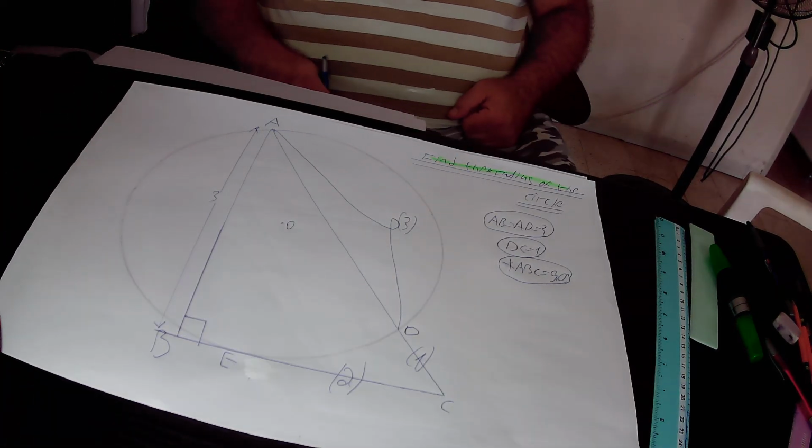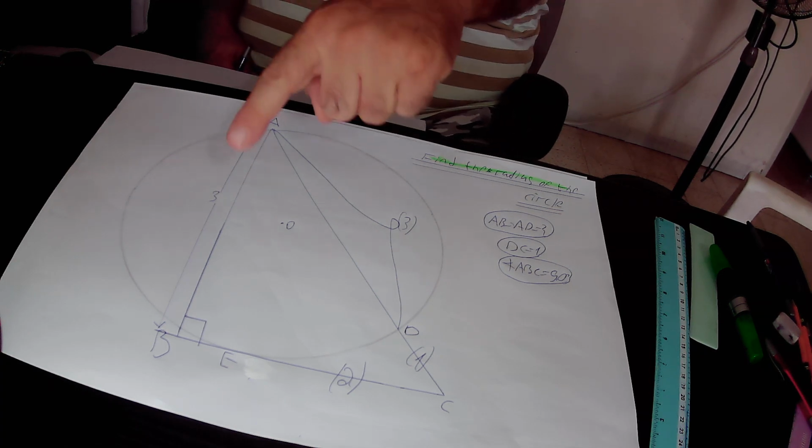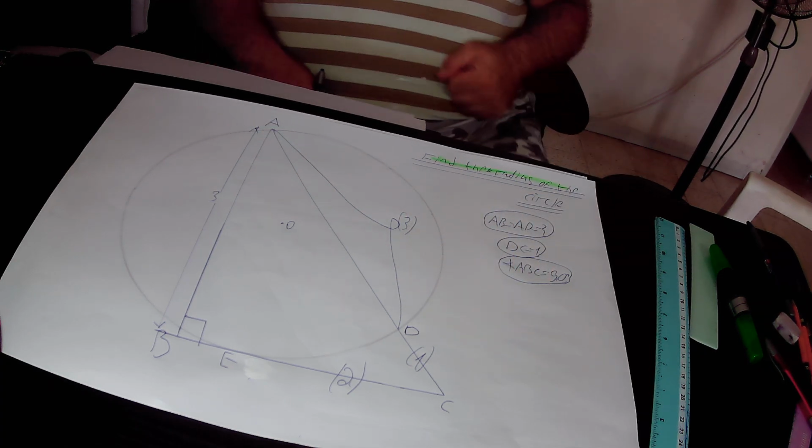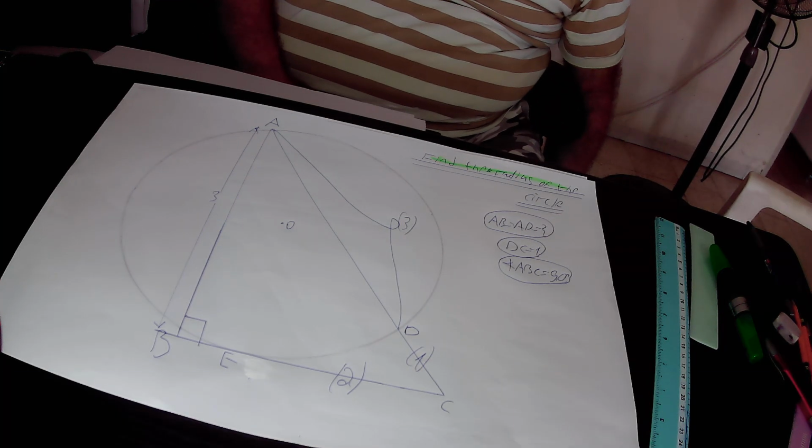In the next step, we will implement the Pythagoras theorem on the big right triangle ABC. According to the Pythagoras theorem, in any right triangle, the square of the hypotenuse equals the sum of the squares of the perpendicular sides.